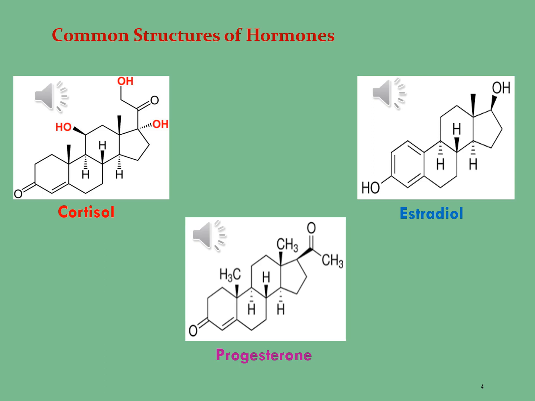Estradiol is produced in the body from cholesterol through a series of reactions and as an intermediate, as you have seen in the steroidogenesis. It is soluble in dimethyl sulfoxide, that is DMSO, dimethylformamide, that is abbreviated as DMF, and in ethanol.